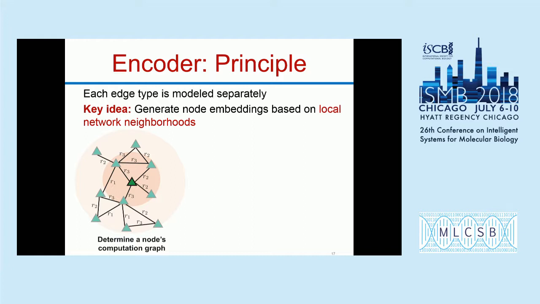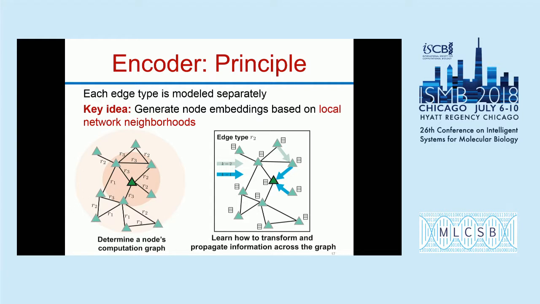In particular, we will model each edge type separately. Let's consider this toy example shown on the left, and let's focus on the dark green node in the center. You can see that this dark green node has 4 neighbors, 2 of which are of type R2 and 2 of which are of type R3. Using a neural network, we will learn how to propagate vector-valued messages, which are information, across the network following the edge type semantics.